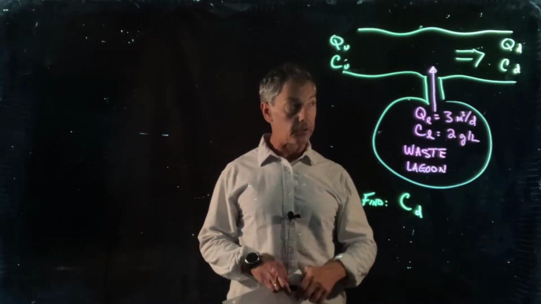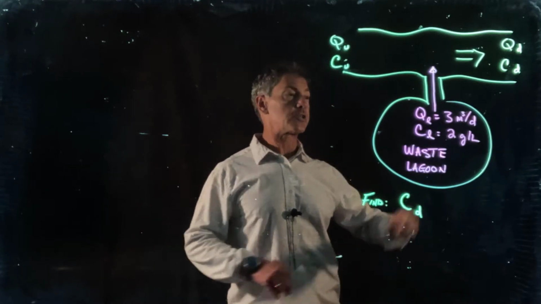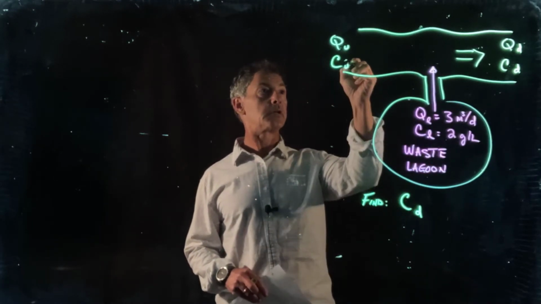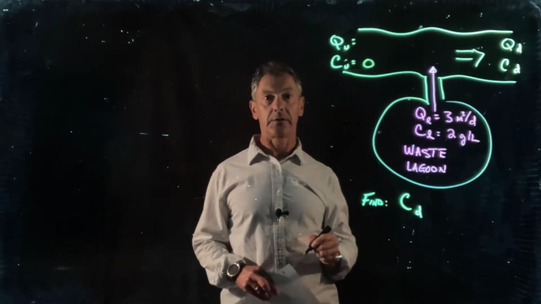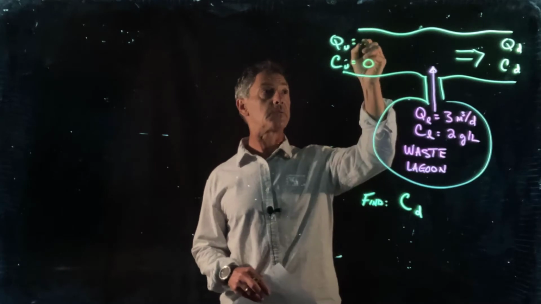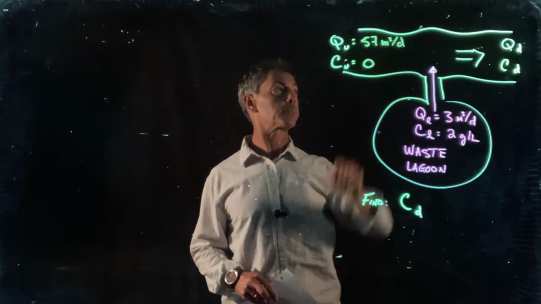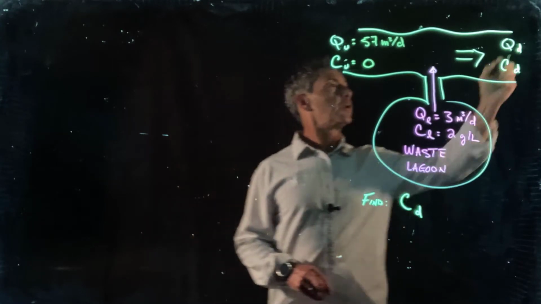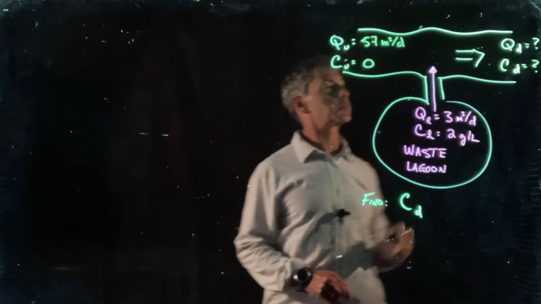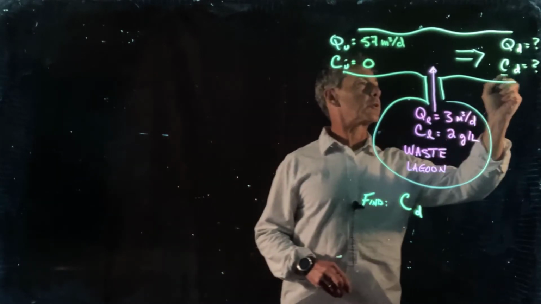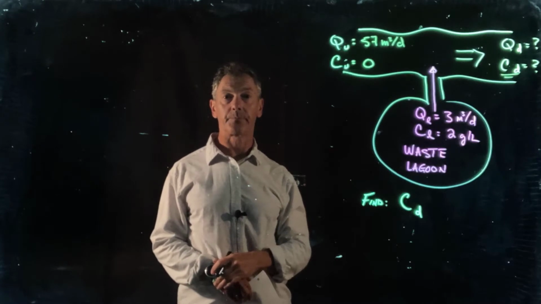We're also told that the concentration of chloride upstream is 0, but we know that the discharge in the stream upstream is 57 cubic meters per day. We don't know this, and we don't know this. This is ultimately what we're after, the concentration downstream.